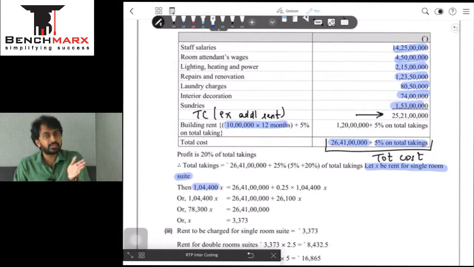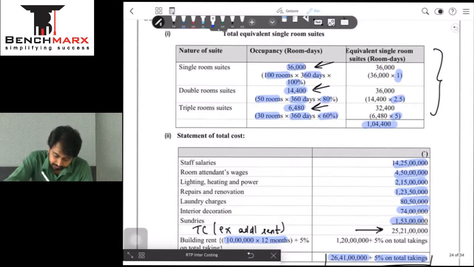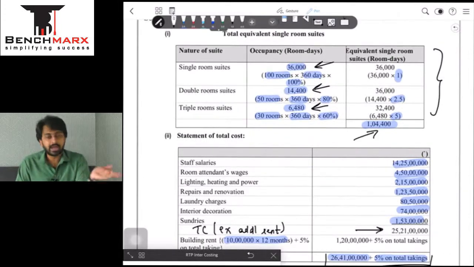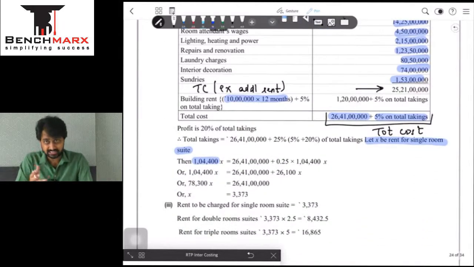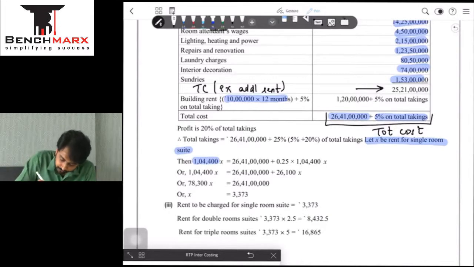Now 104,400 is equivalent single room days, which means we can add up everything which we have done. We have expressed double rooms in single rooms and triple rooms also in single rooms. So 104,400 into x is my total revenue, and total revenue is equal to total cost plus this 25%. Where did this 25 come from? I'll just give a small note for 25.